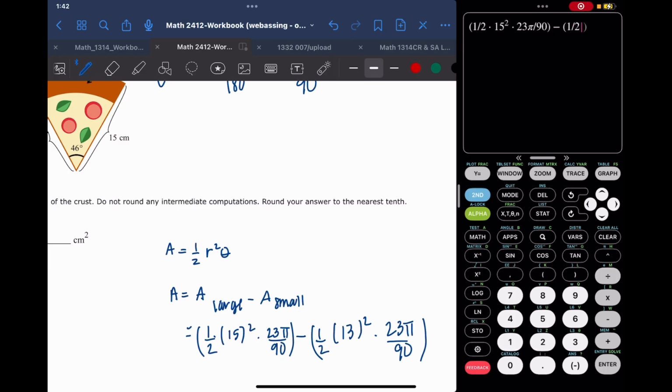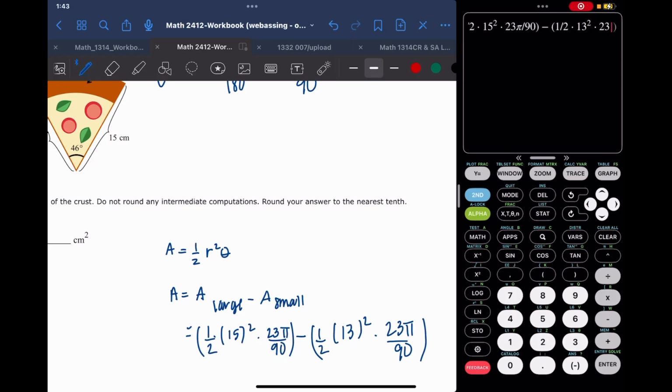And then as you're putting it in, again, you want to make sure that you're using the correct notation and using pi as well. You can also use the calculator that's given to you in the problem. That works as well.